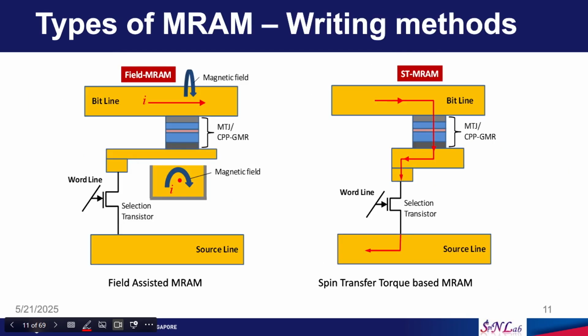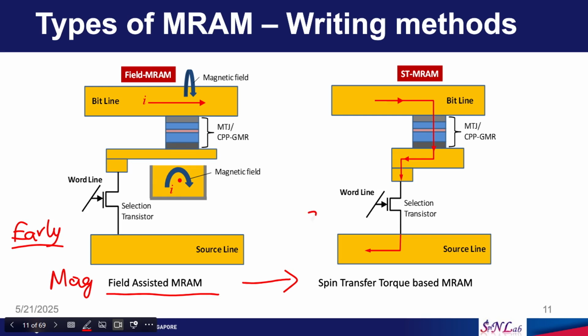Okay, so at first we will learn about magnetic field assisted MRAM, then we will move to spin transfer torque MRAM. So, chronologically, this was the early method of writing MRAM, and this is reasonably new.